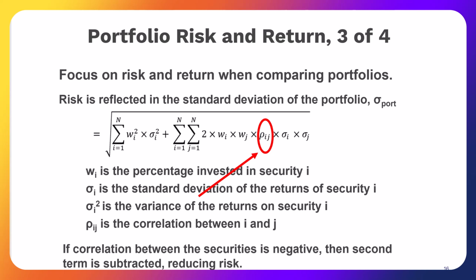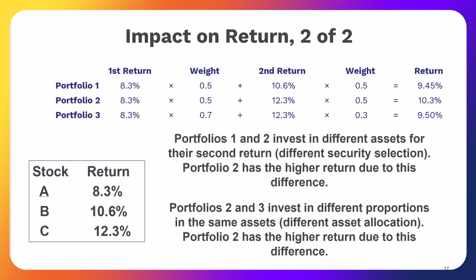So if we can combine some volatile tech stocks with stable utilities, that's going to reduce the overall risk thanks to their differing performance patterns. So here we have three different kinds of portfolios with three assets.